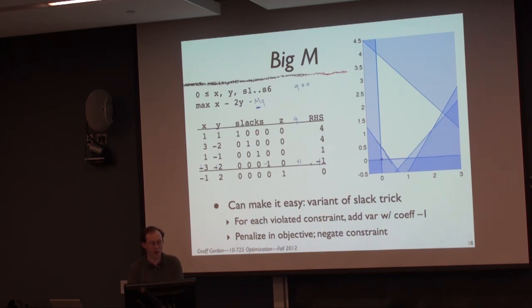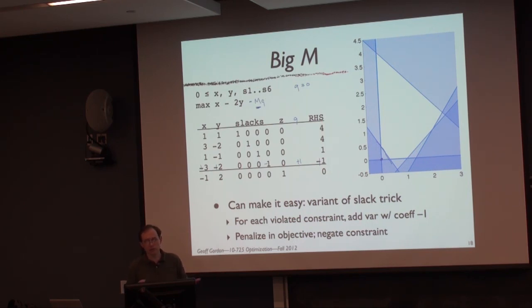And so now I've gotten myself to a feasible basis. Sorry, the non-basic variables are still the same, x and y. The basis is now the first 3 slacks and q. And I'm good to go. I can start simplex from here.